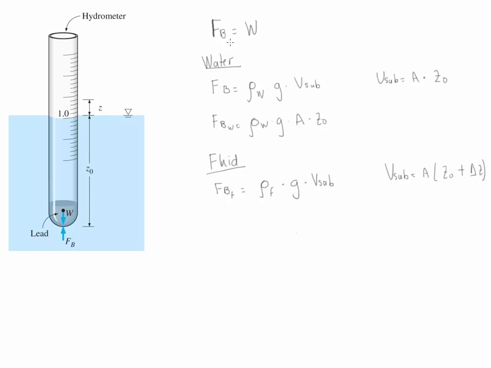So the buoyancy force that is applied for the water is exactly the same buoyancy force that is applied for the fluid, since the weight of the hydrometer does not change.